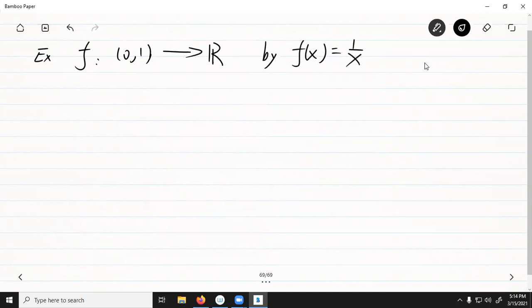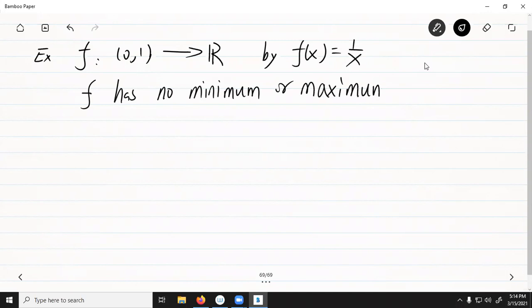And this f has no maximum or minimum values on the interval from 0 to 1.